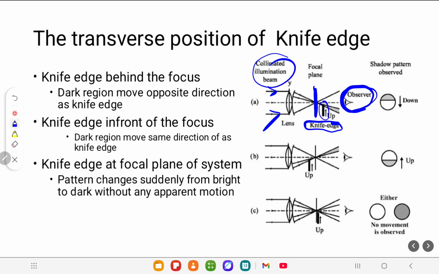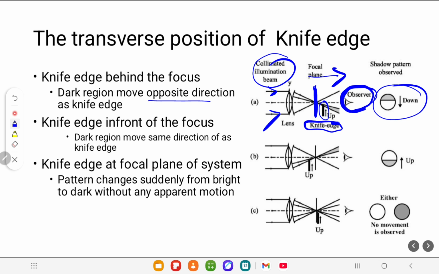In the case of a retinoscope, it is exactly the peephole. Just remember this. If the peephole is placed behind the focus, so that the focus happens before the peephole, then we will see against movement, opposite movement. It's very important. Opposite movement.